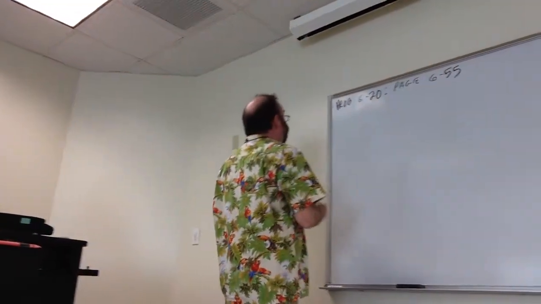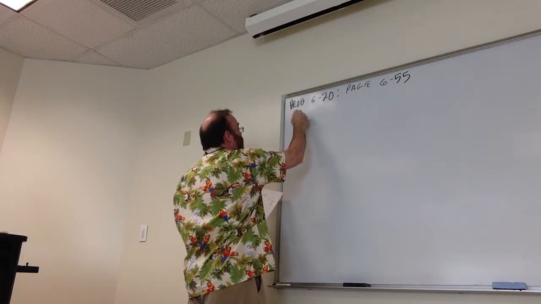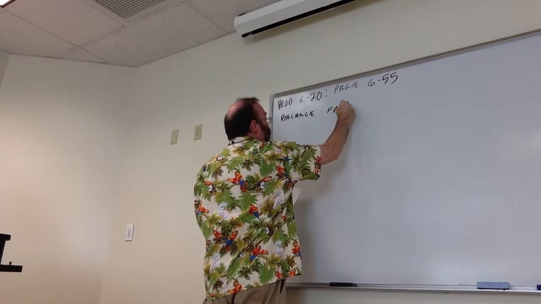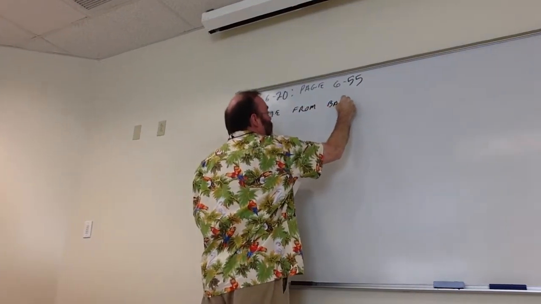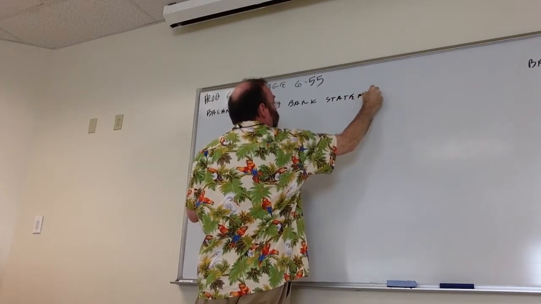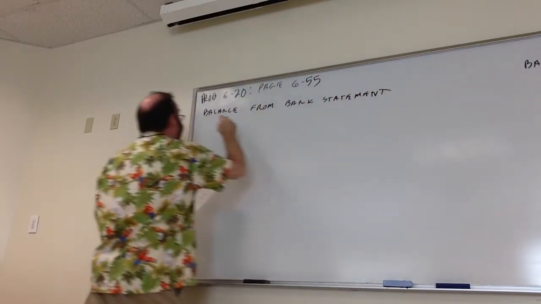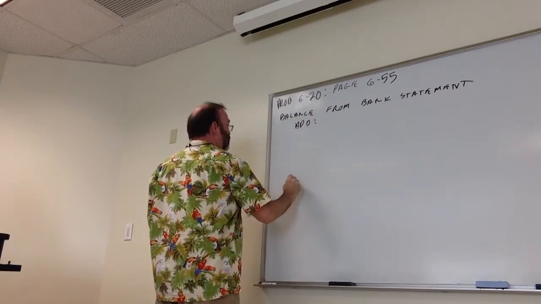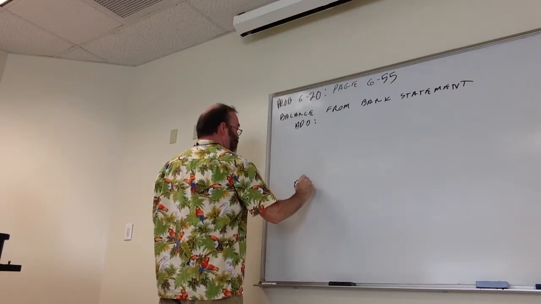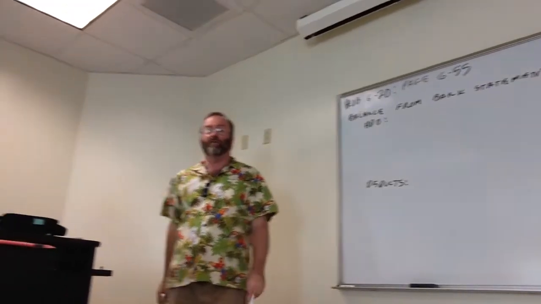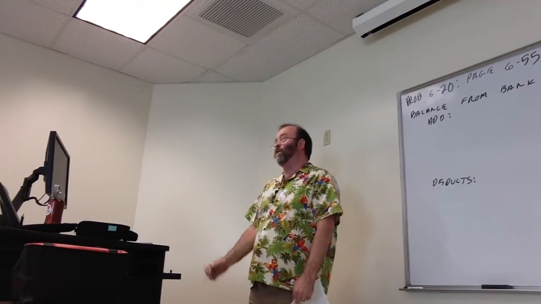Just like last time, we're going to start with balance from bank statement. And then we're going to do some adds and deducts. And this one's got a little bit of everything thrown in it. Gets kind of surreal, all the mistakes that the bank made.